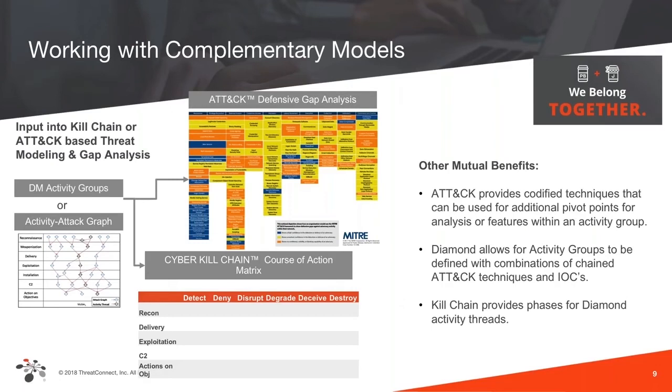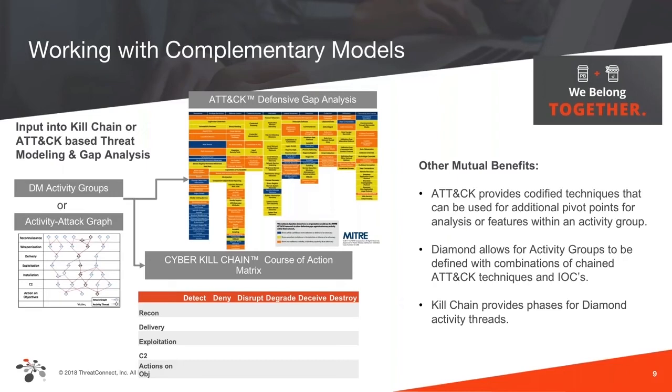But there are other benefits as well that are probably just more easily leveraged day to day. So as we mentioned before, ATT&CK provides codified techniques that you can use in your day-to-day analysis as you're pivoting or creating features for selection in an activity group.